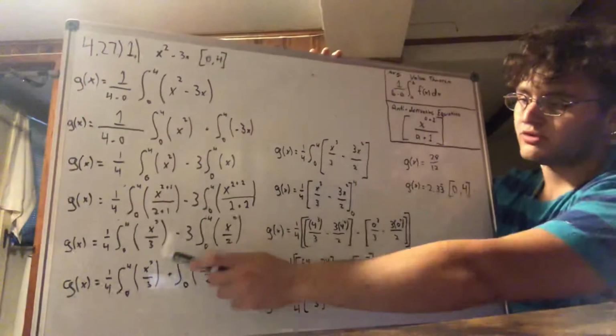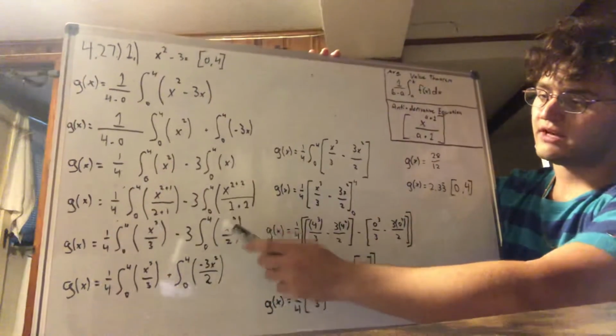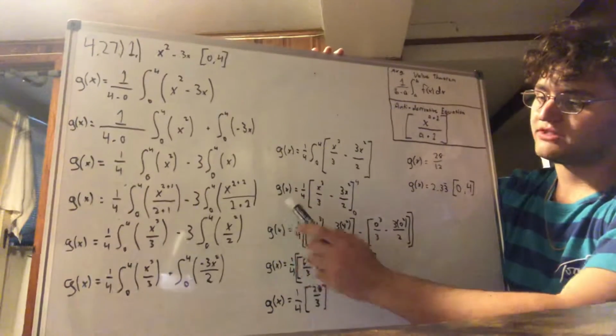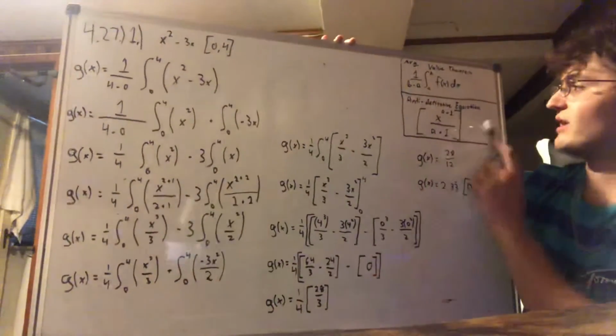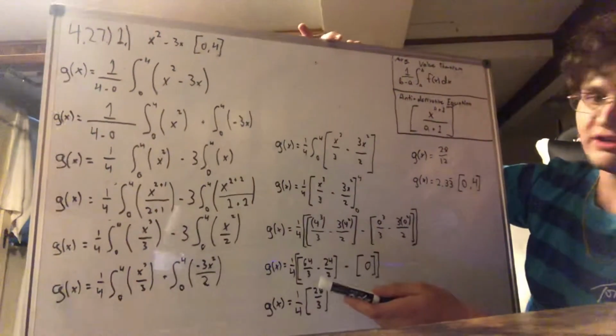And then our next step is to input the x squared and the x into our antiderivative equation, resulting in g of x equals 1 divided by 4 integral 4 between 0 parentheses x cubed divided by 3 minus 3 integral 4 between 0 parentheses x squared divided by 2. And so that's the result after inputting our values into our antiderivative equation.